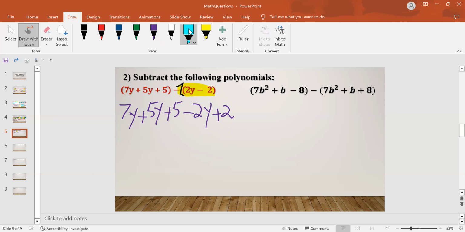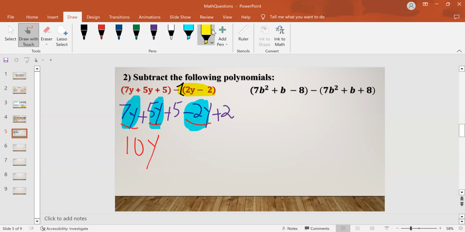So we see 7y, 5y, negative 2y as like terms. So if you combine 7y to 5y, this is 12y. And the 12y minus 2y is 10y. So you have 10y.